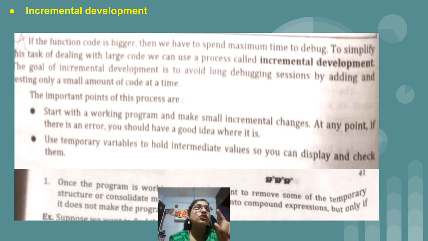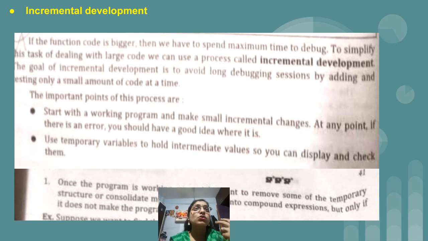So this is the first point which we should remember in case of incremental development: first we have to make small changes to the code, and if there is an error, we should have a clear idea where the problem is.